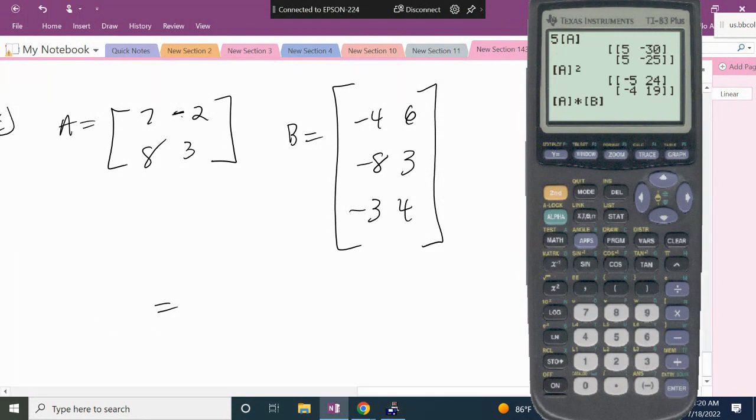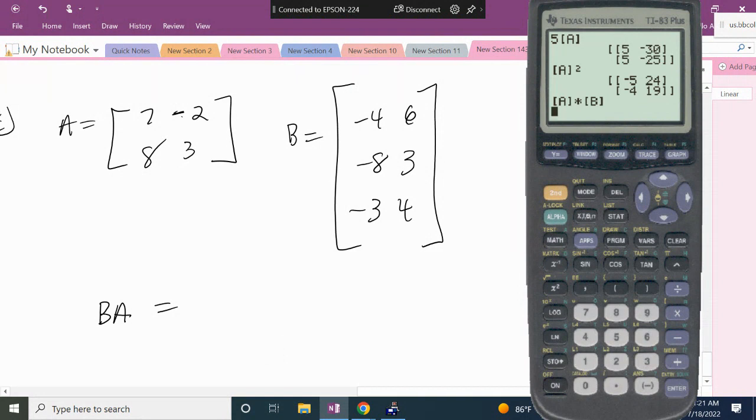I'm sorry, they want us to find B times A. And there's a reason why you can't actually multiply A times B, and I'll tell you why. Because if you're multiplying A times B, the columns of the first matrix have to be equal to the rows of the second matrix.